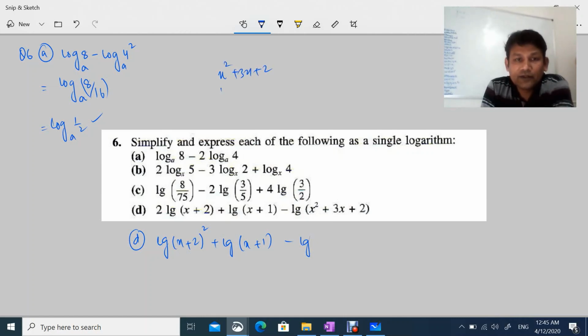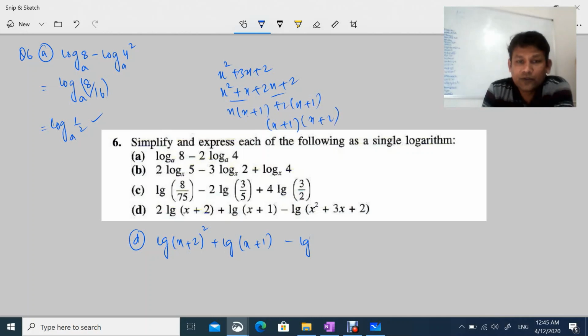When you make the factors, x square plus x plus 2x plus 2, common in the first two, x plus 1, and in the last two 2 times x plus 1. So the final factors are x plus 1 and x plus 2.